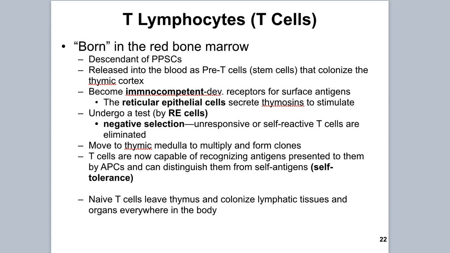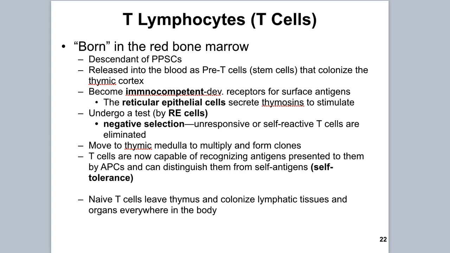They are actually descendants of the pluripotent stem cells. Remember, we talked about these when we talked about red blood cells. Those pluripotent stem cells live in the bone marrow, so the T lymphocytes are born there. Then they are released into our bloodstream as pre-T cells, a kind of stem cell, precursors to T cells that travel through the thymus.